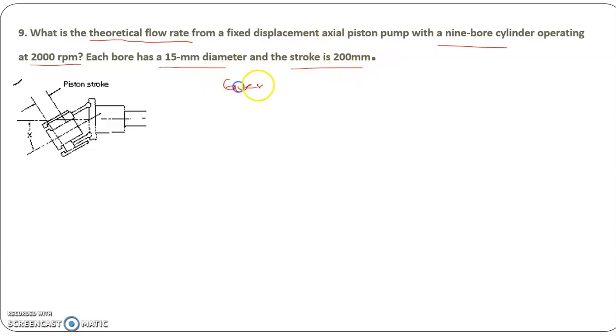So first extract the data. The given data: Y equals 9. Operating at 2000 rpm, this is N. The bore diameter, this is d, equals 0.015 meter.